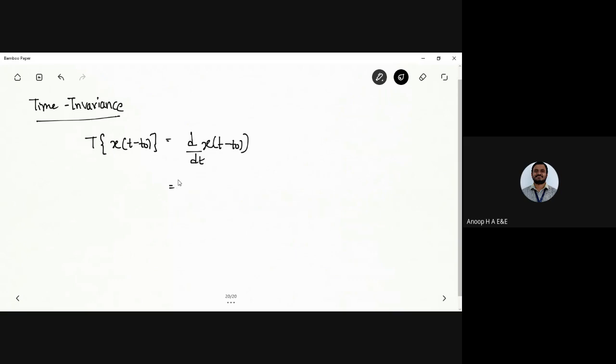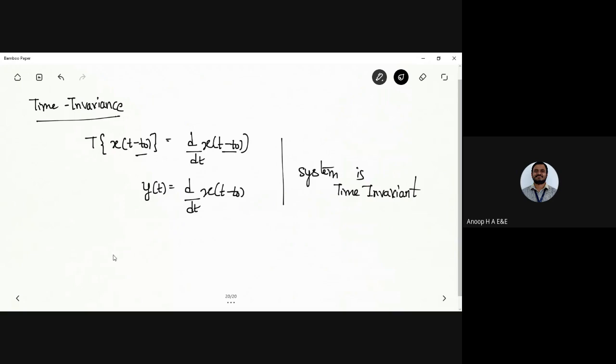Now, what is the change that you observe here? We have shifted the input signal from t to t minus t naught, giving d by dt of x of t minus t naught. So we are going to call the system time invariant.